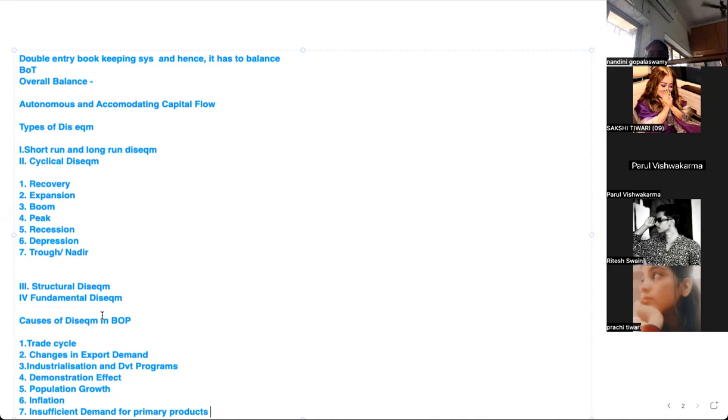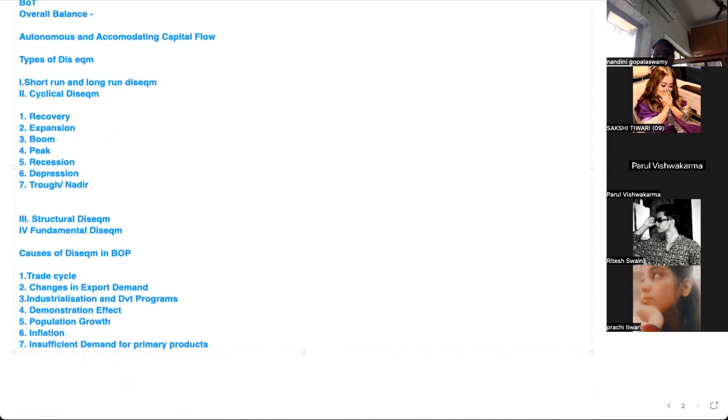Population growth. When there is more population, there is more demand, you need to satisfy the demands of the people. Again, population growth plays a vital role. समझ में आ रहा है? Inflation. Again, prices going up, you end up spending more.